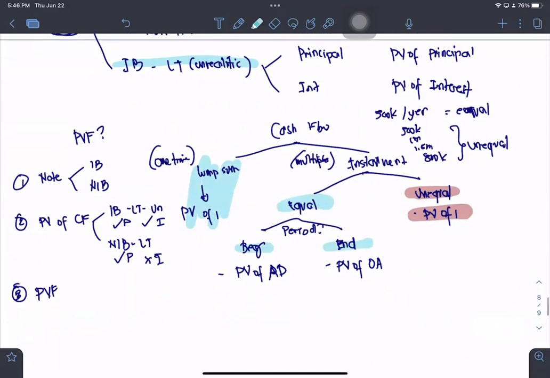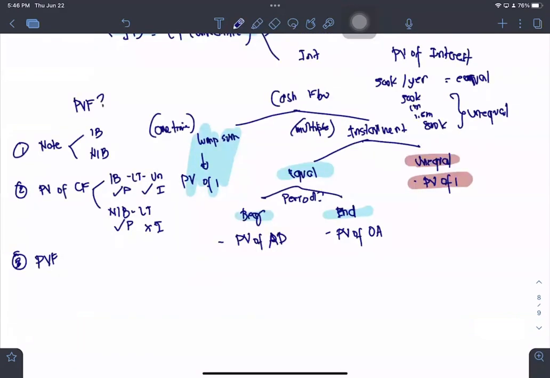And finally, if you don't know how to compute for the present value of ordinary annuity or annuity due of 1, that is known as the total of PV of 1.